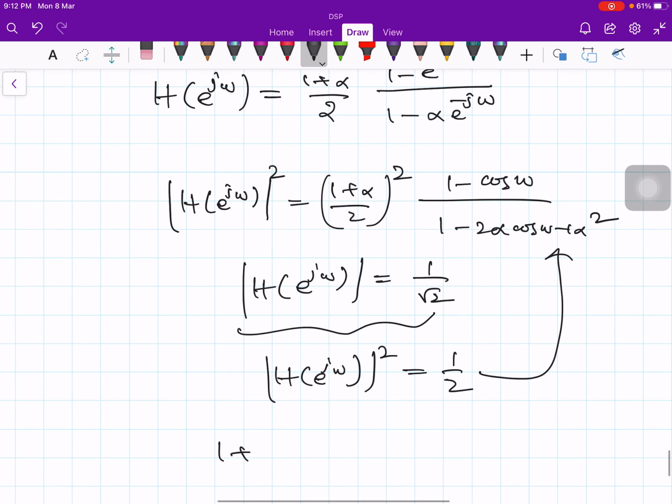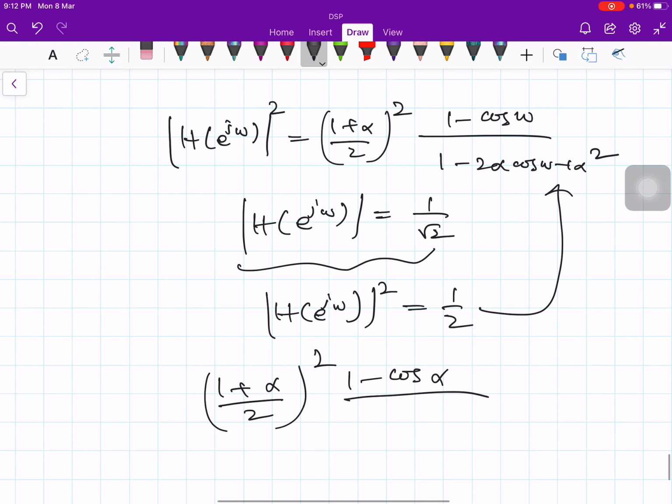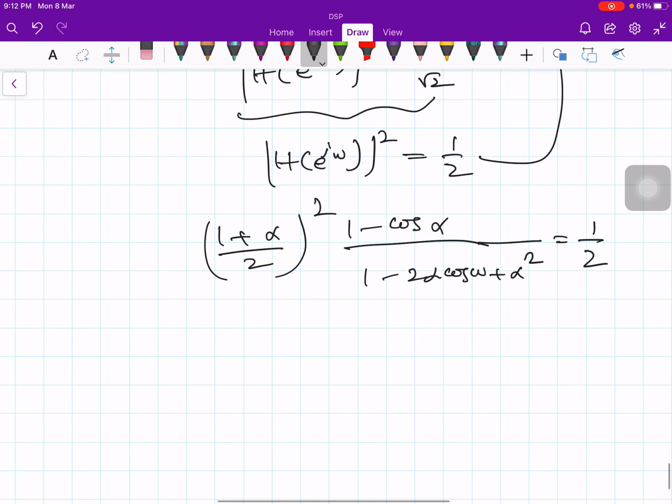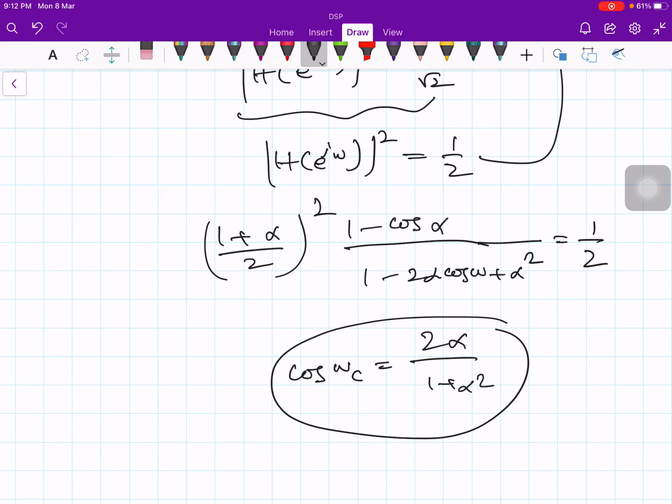So ((1 plus alpha)/2) whole square times (1 minus cos omega) divided by (1 minus 2 alpha cos omega plus alpha square) is equal to 1 by 2. By solving this, you will get once again cos of omega c is equal to 2 alpha divided by 1 plus alpha square. It's pretty straightforward calculation.